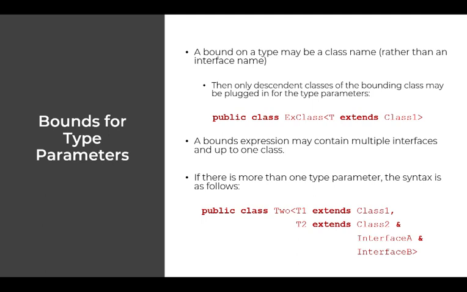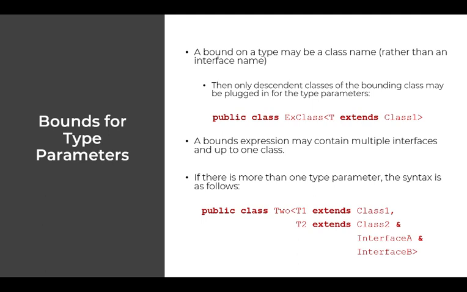A bound on a type may be a class name rather than an interface name. Then only descendant classes of the bounding class may be plugged in for the type parameter. In that case, the syntax is public class ExampleClass, and between angle brackets, I've got T extends Class1. A bound expression may contain multiple interfaces and up to one class.